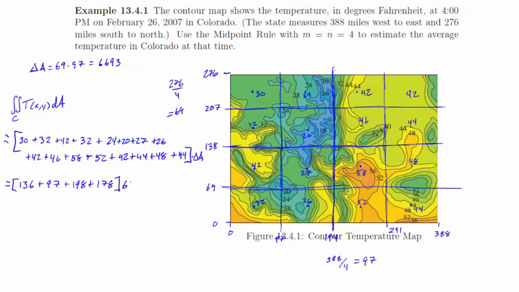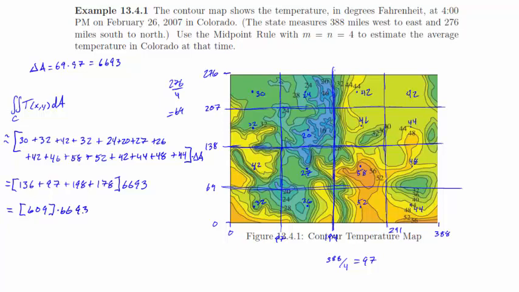And my delta A is 6,693. This equals 136, and 236 minus 3 is 233. 233 plus 200 is 433, minus 2 is 431, 531, 601, 609.